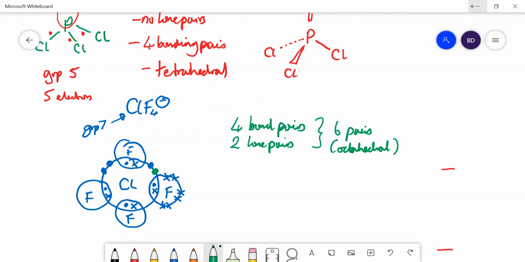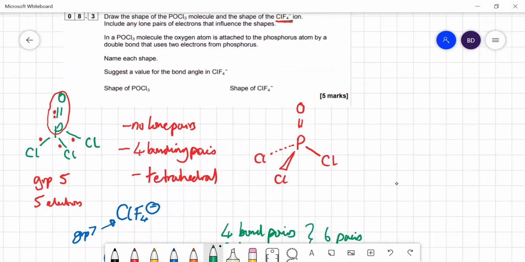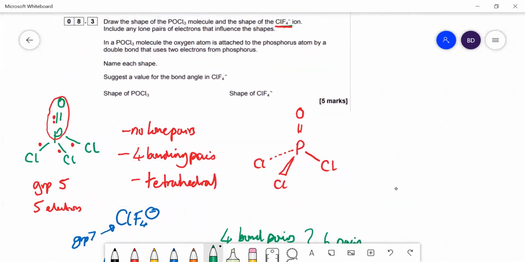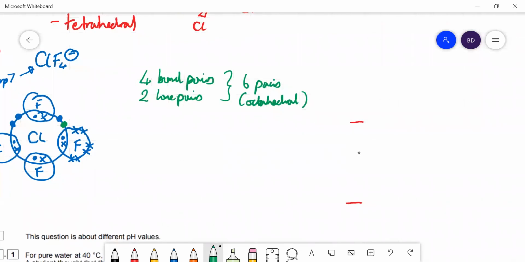Right, let's just see exactly what the question asks. Does it ask for a diagram or does it just ask for a bond angle? Draw the shape, and we've got to draw the shape of this one as well, and suggest a bond angle value here. So let's do that. Octahedral is the basic shape. So I'm going to draw chlorine here. We're going to have 2 pairs of electrons going in, and those coming out.